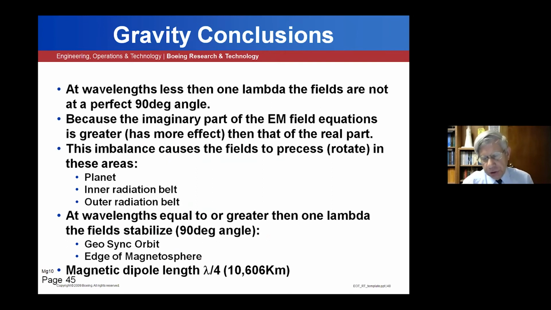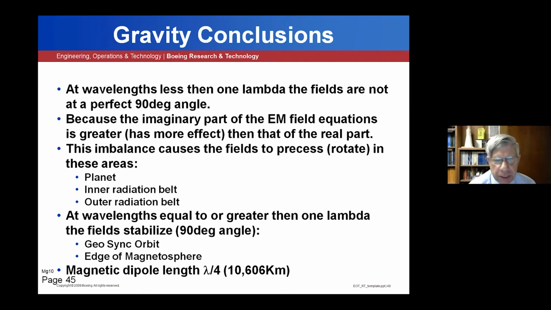And so we'll just kind of sum it up here a little bit. At wavelengths less than one wavelength, they're not a perfect 90 degrees because the imaginary part, or the near field, which is the standard way of expressing it, causes the imbalance. Now, this is mainly the planet's surface, the inner belt and the outer belt.